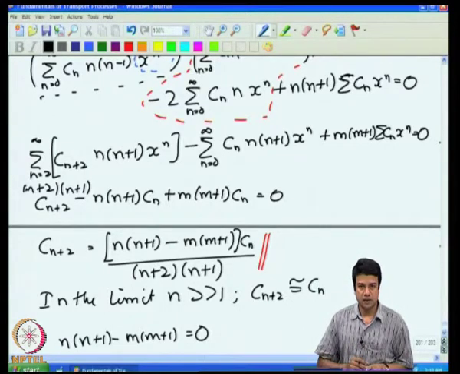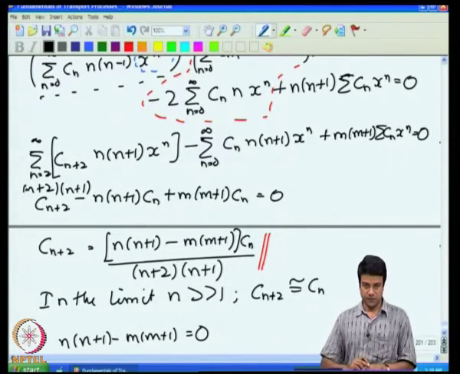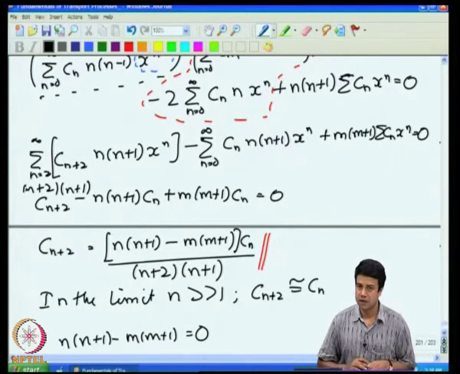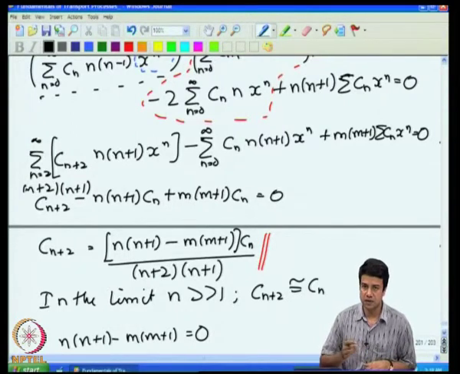That means that that series has the form summation of some constant times x power n. If x is equal to plus or minus 1, then the series does not converge, because the higher terms are tending to constant values as n increases, and a series in which each term tends to a constant value is not a convergent series.